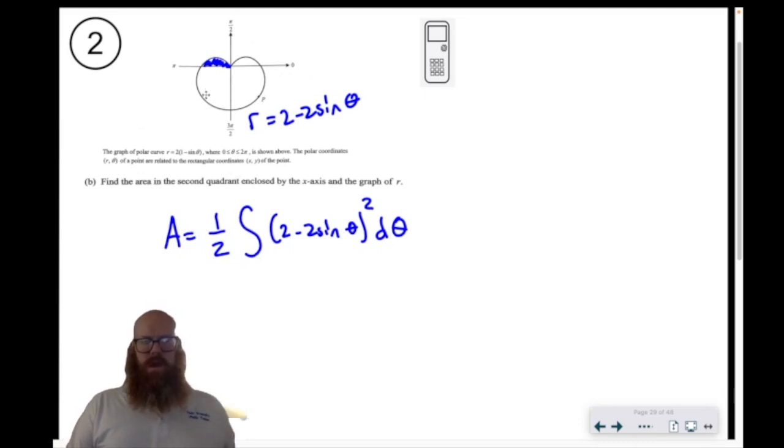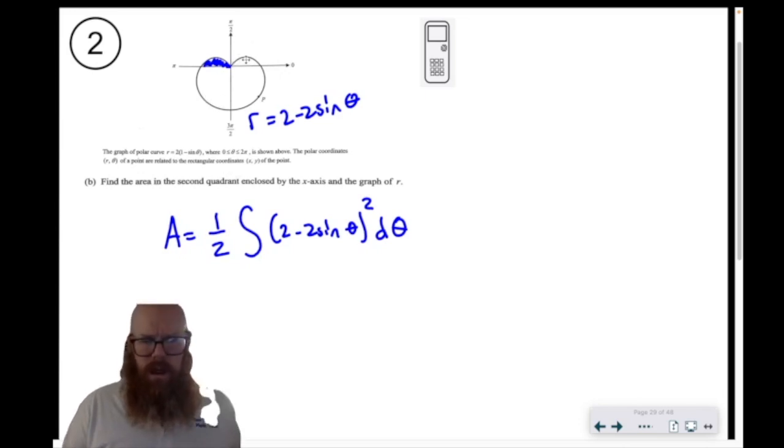So let me think about the best way to go about this. I want to figure out when it's here and then when it's here.